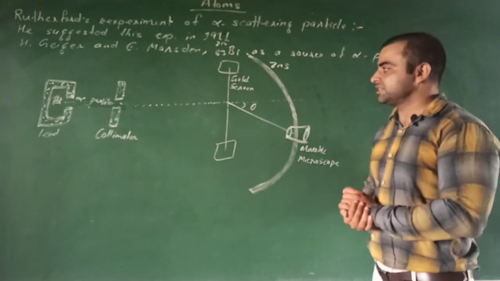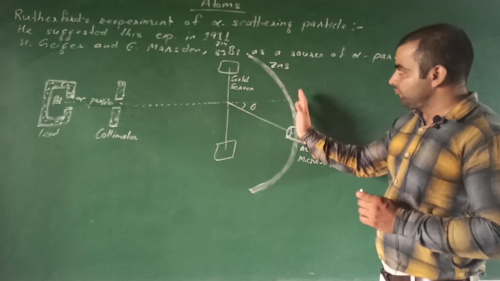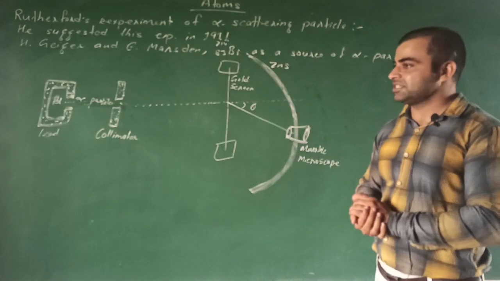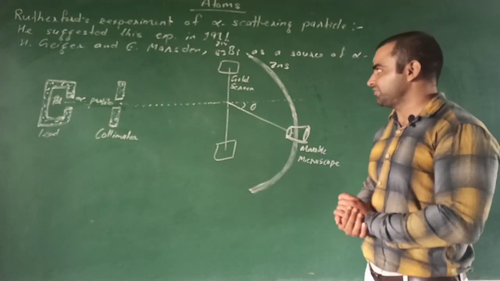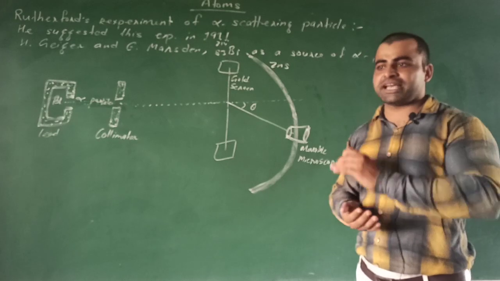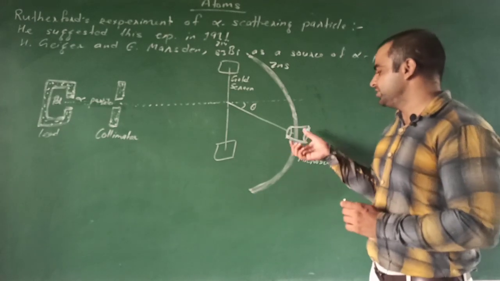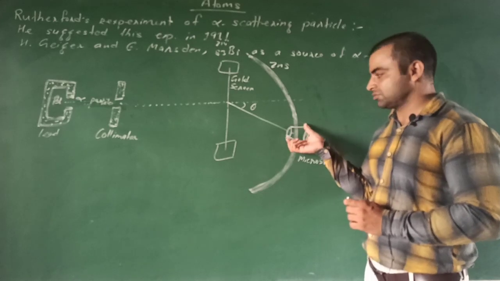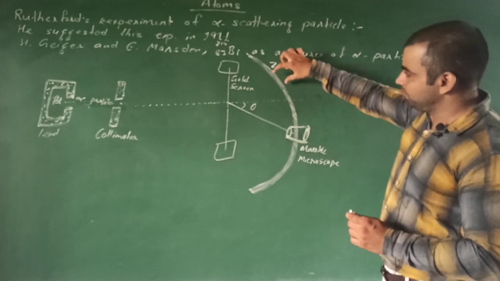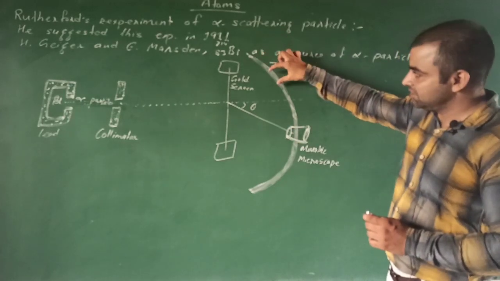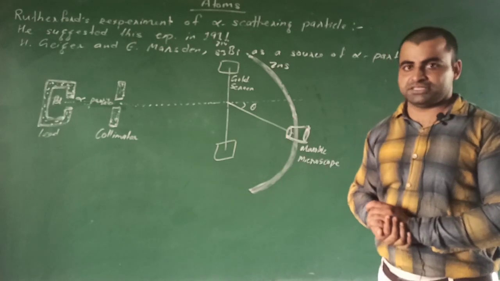After falling on the gold screen, the alpha particles strike the zinc sulfide screen and show brightness there. The brightness cannot be seen with the naked eye; it is seen with the help of this movable microscope. If we want to see here, the microscope will be adjusted here; if there, adjust it there. We can see it like this.